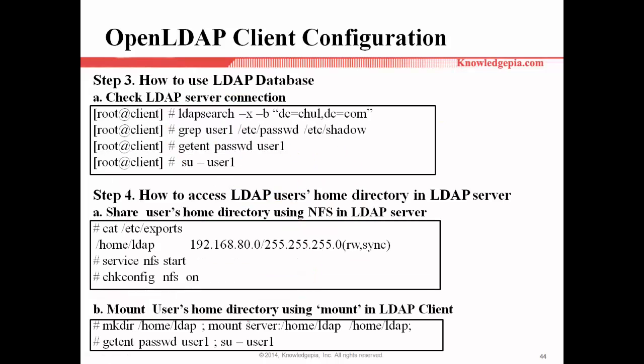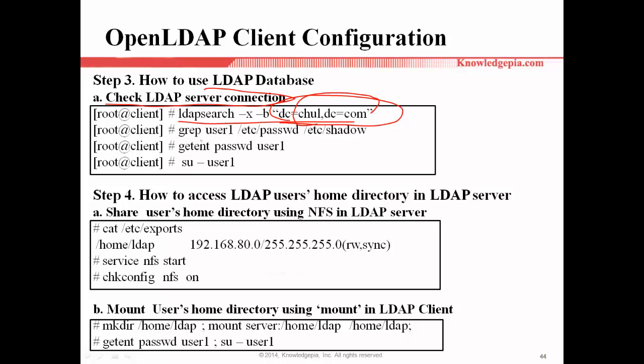Step 3, how to use the LDAP database. First, check the LDAP server connection. In the client system, we already installed the LDAP client packages and the OS configuration as well. So now, using this command, ldapsearch -x -b with our DC, in my case, chur.com.